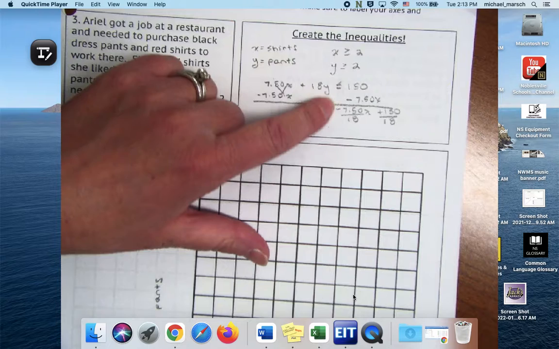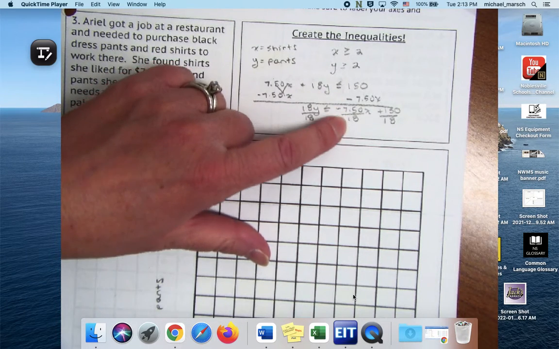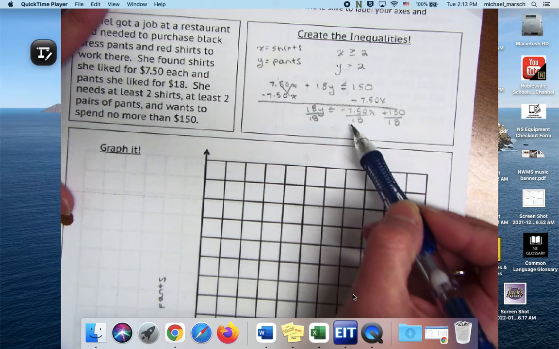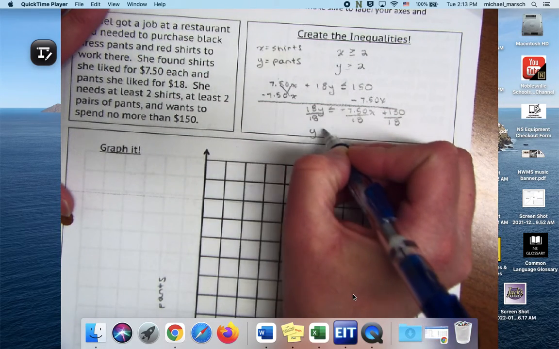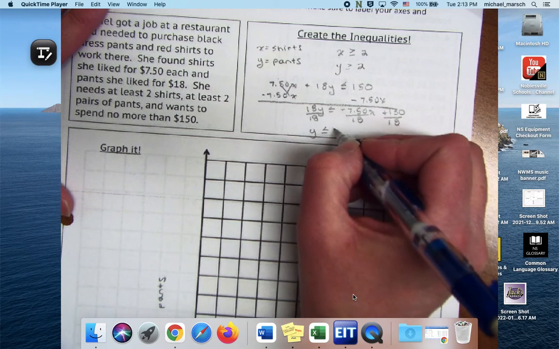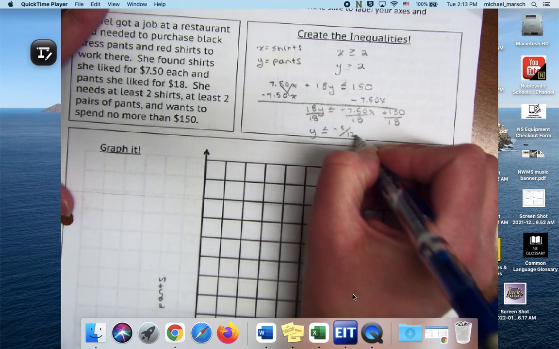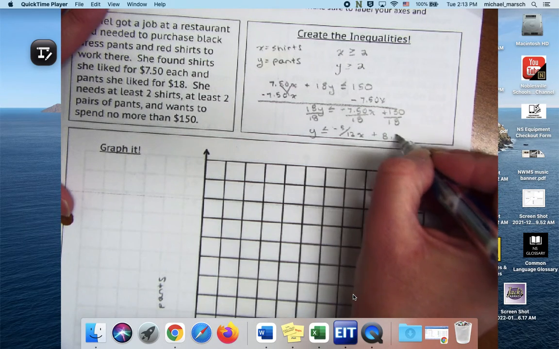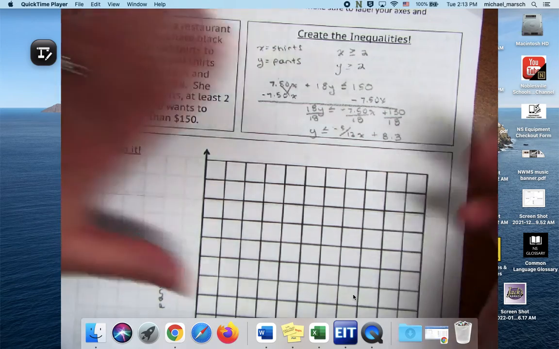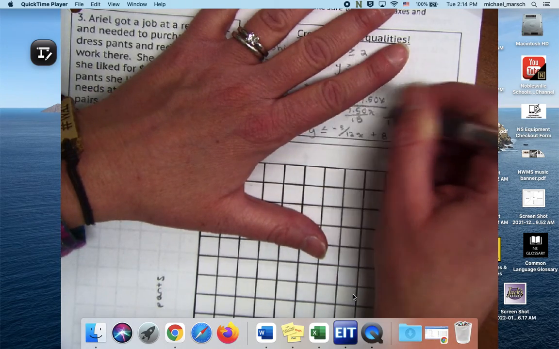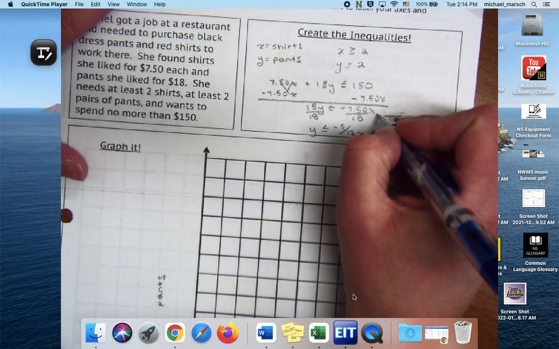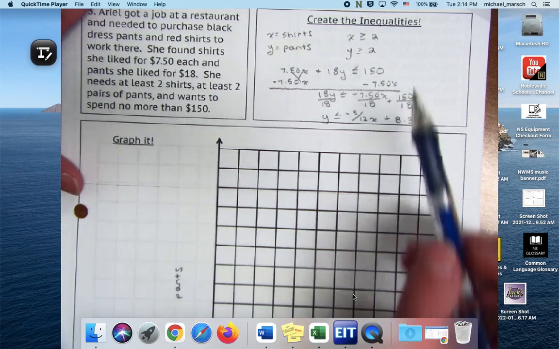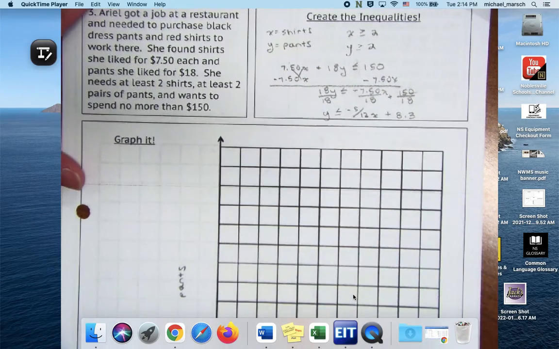If you simplify by dividing both by 1.50, because 1.50 can go into 7.50 and 1.50 can go into 18, y is less than or equal to negative 5/12 x plus 8.3, because 150 divided by 18 is 8.3. If you did that in your calculator, that's what you would get.